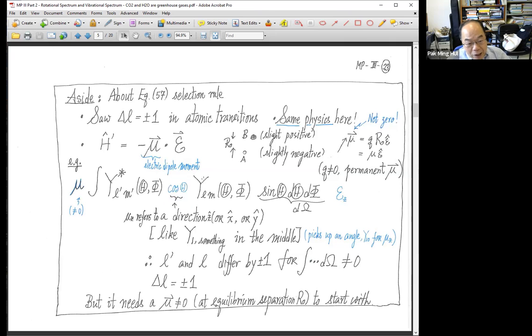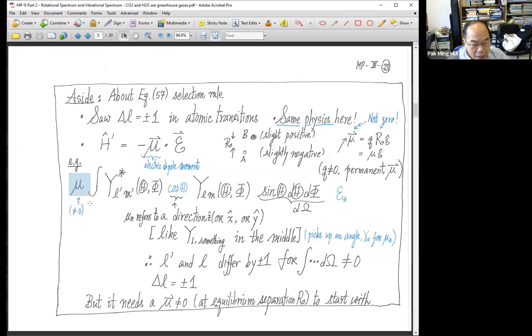Then you have an initial rotational state that is Y_LM of theta, phi. And then you have a final state that is Y_L'M' of theta, phi, all right? The vibrational states are the same, so I don't need to worry about that part. That is non-zero, so this integral will determine whether it is zero or not, okay?